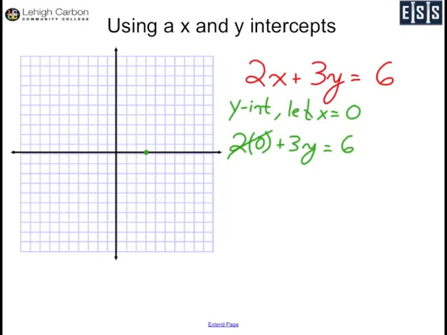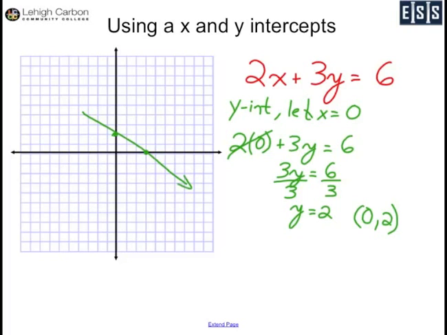That term just goes away. So I have 3y equals 6. Divide by 3. I get y equals 2. This is the point (0, 2). And I plot that on my y-axis. I have my 2 points. I draw my line, and there's my graph.